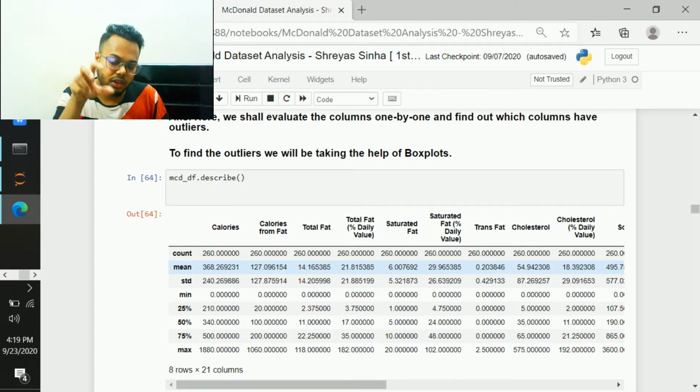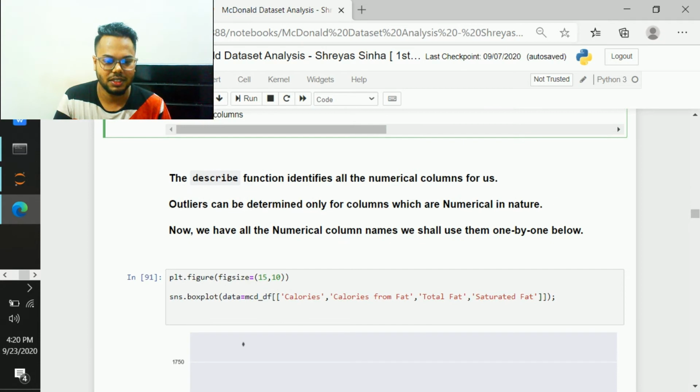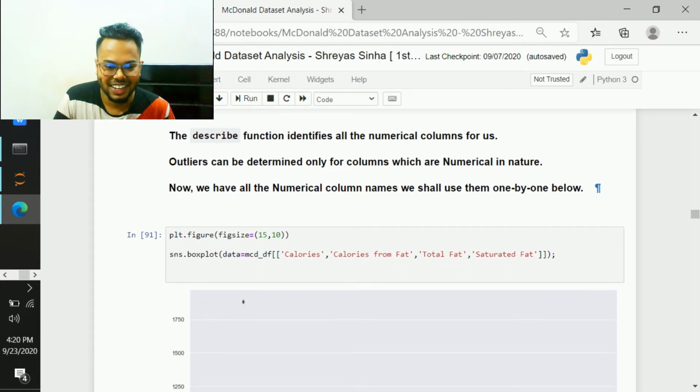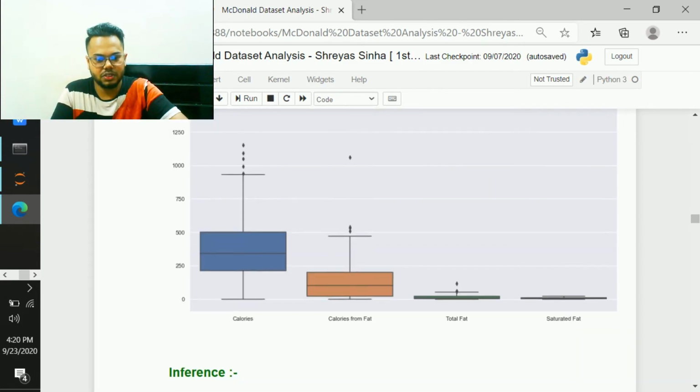Since describe was already doing that for me, I did a little bit of a sneaky thing here and used the describe function for that. And then let us proceed one by one.